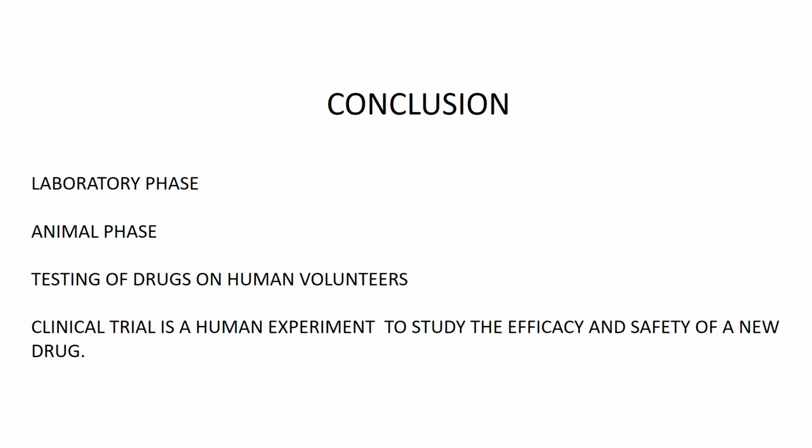So the main important things you need to remember under this topic are, once you are testing the drug on human volunteers, informed consent, FDA guidelines and clinical trial phases, that is phase 1 to 4.